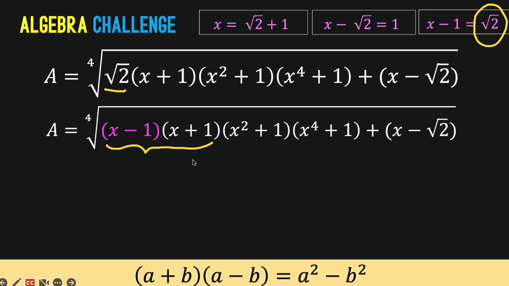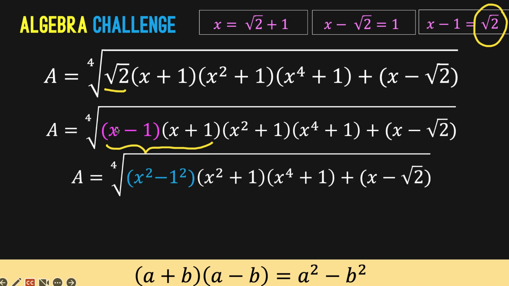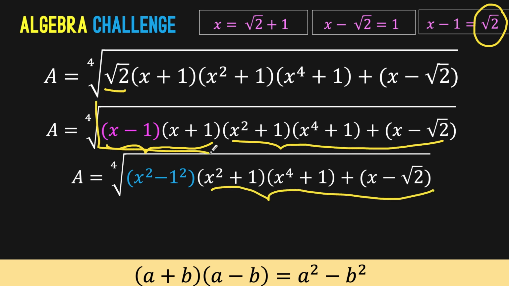And multiplying this special product resulted to the square of a, which is now our x squared here, and the square of b, which is now our 1 squared. From this part until the end, we just copy them, and that is this part. It was this part that resulted to this blue quantity here.